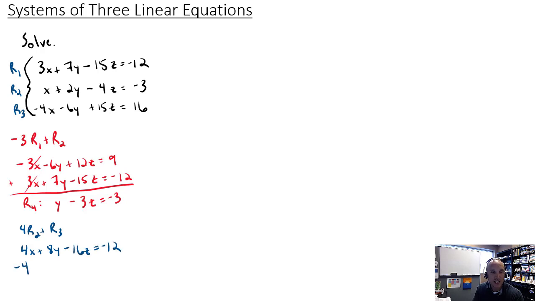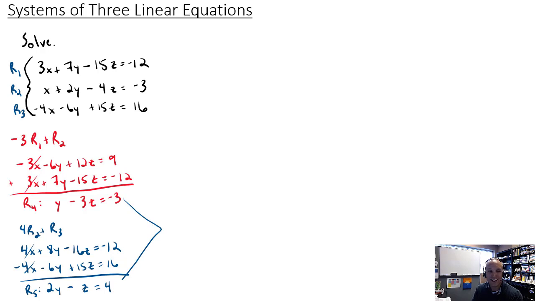And then just add row 3 to that. And the x's cancel. We get 2y minus z equals positive 4. And we'll call that row 5. So now I've got two equations with the variables y and z. So I can solve that system.